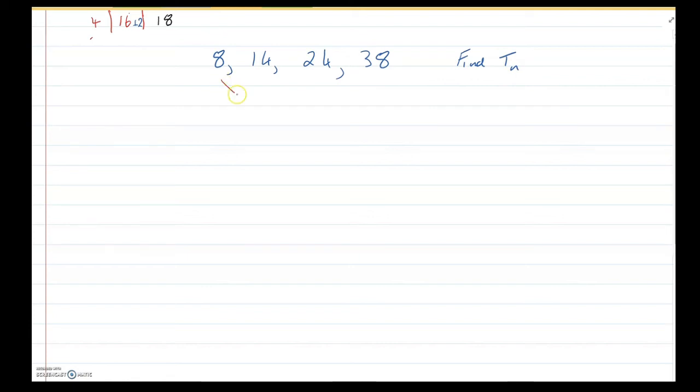So first thing, you can get your common difference. Between 8 and 14, we have 6. Between 14 and 24, we have a difference of 10. Between 24 and 38, we have a difference of 14. So there isn't a common first difference.